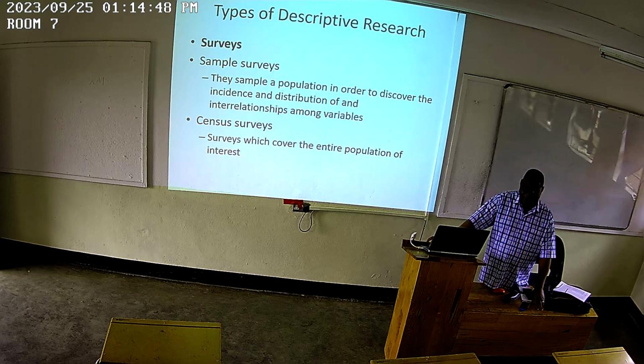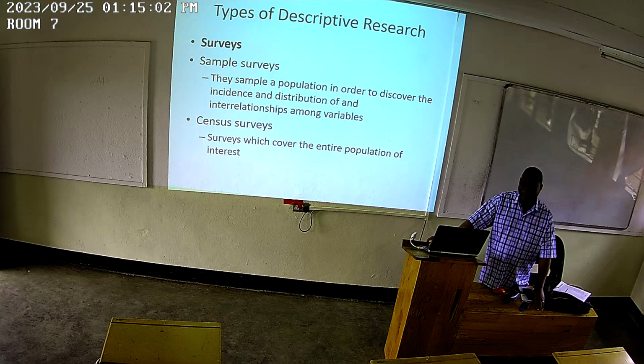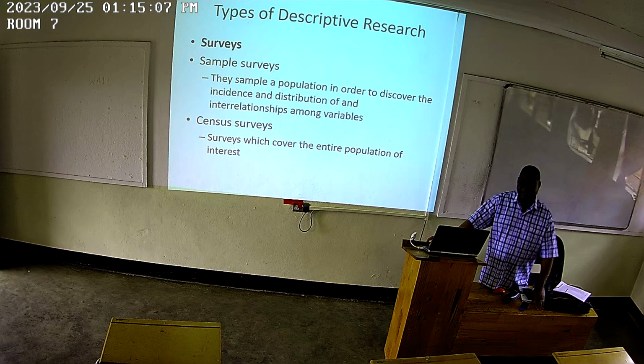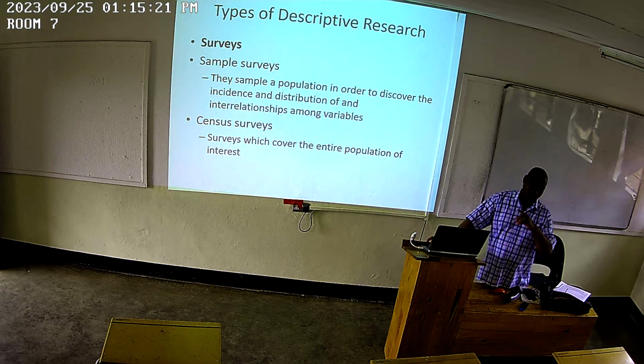Also in other cases, the same National Statistics Office conducts other studies like demographic and health studies. But they don't study each and every person in Malawi. They will sample people in a number of districts, describe their health status, describe the demographic situation in those districts, and infer whatever they find from that to the whole Malawi.